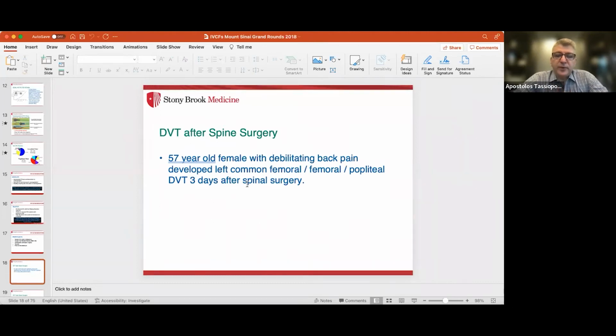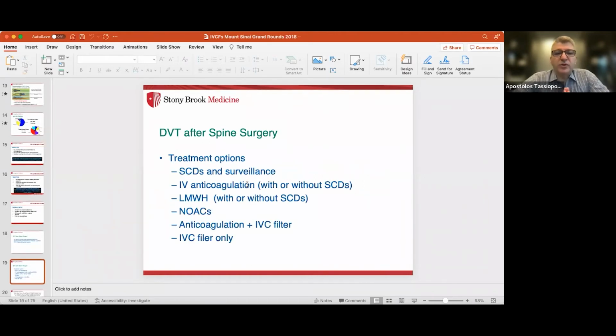Now, let me give you a little case scenario. These are all cases that were being consulted. This is a 57-year-old female who has debilitating back pain, who developed left common femoral and popliteal DVT 3 days after spine surgery. So the question here becomes, what are the treatment options for this patient?